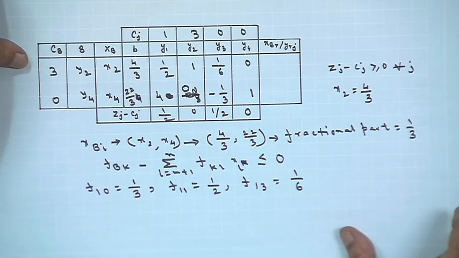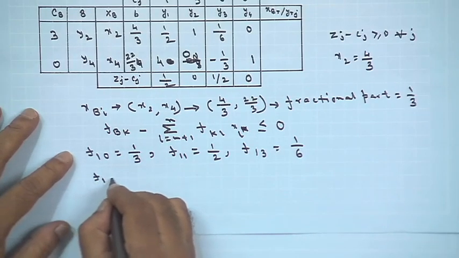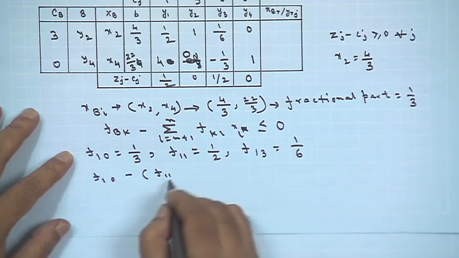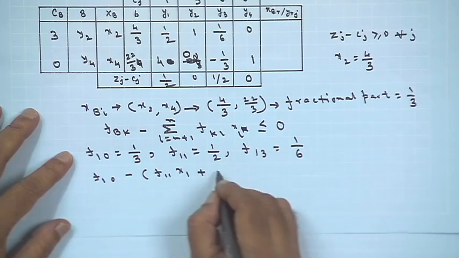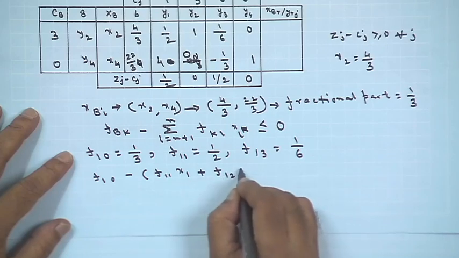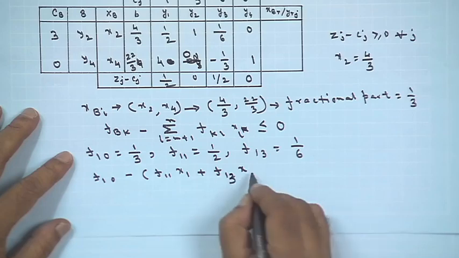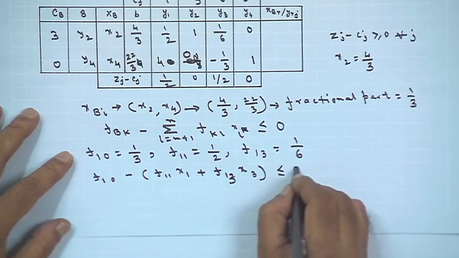So, what happens here? f10 minus f11 x1 plus f12 x2, sorry, this is f13 x3, is less than or equal to 0.